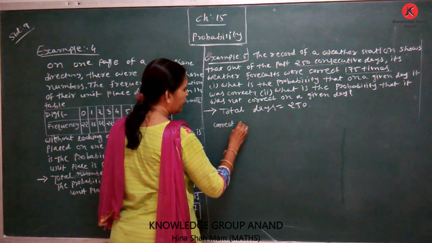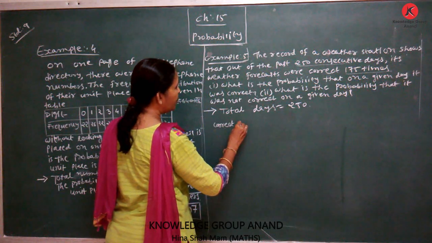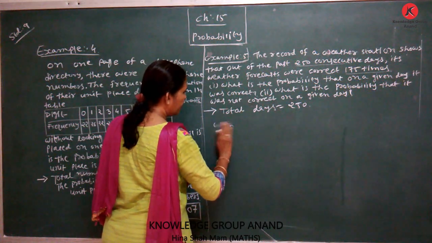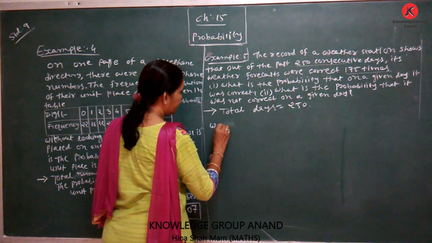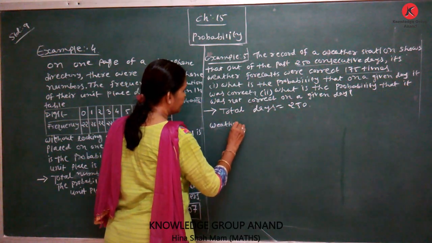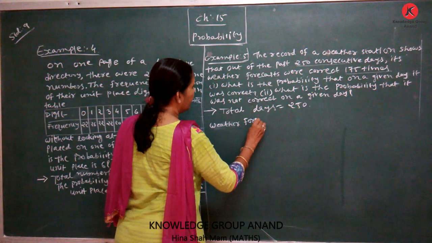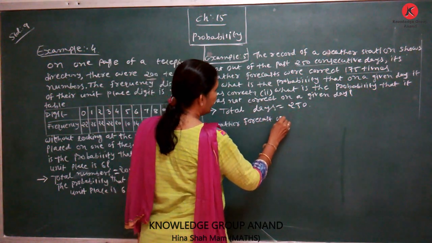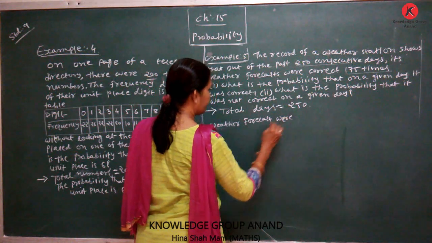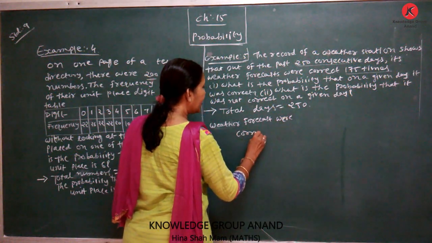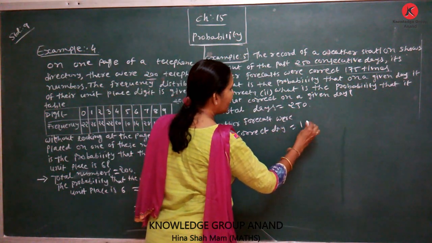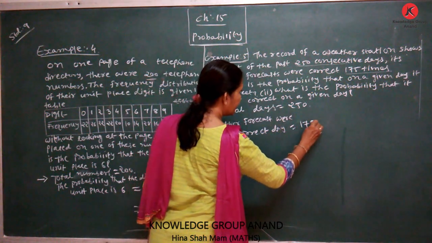Weather forecasts were correct. Correct days is equal to how many times? 175.